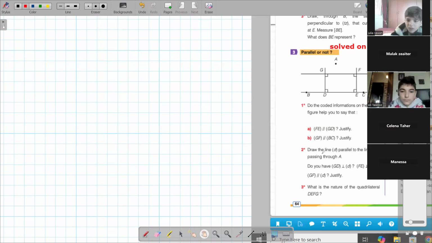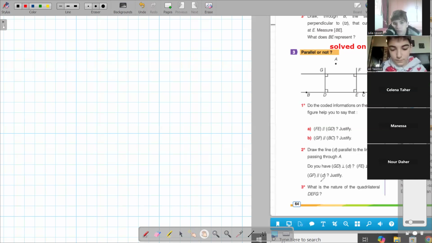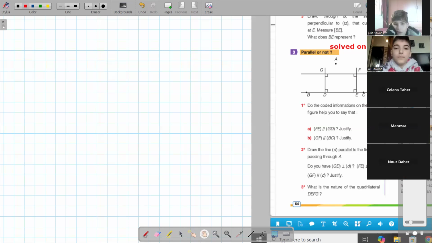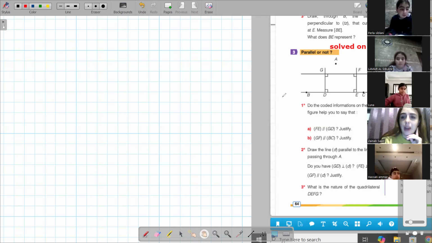We are just solving part A now. I was asking, how can we say that FE is parallel to GD? Perla was saying that we can say that they are parallel since they are perpendicular to the same line. To which line are they perpendicular?